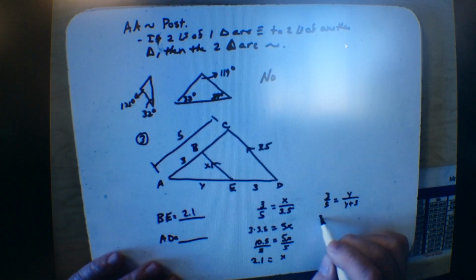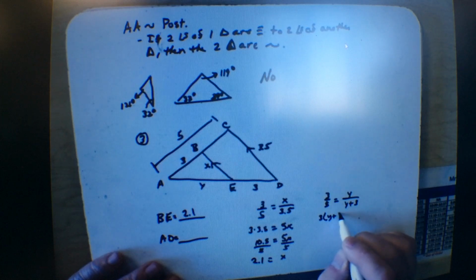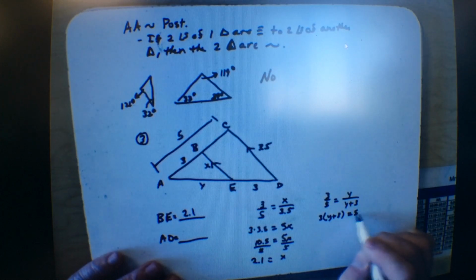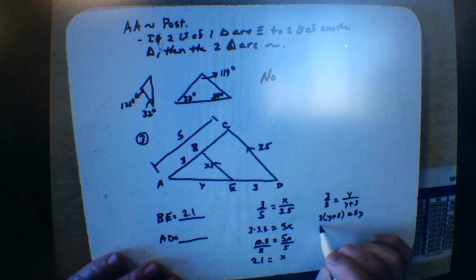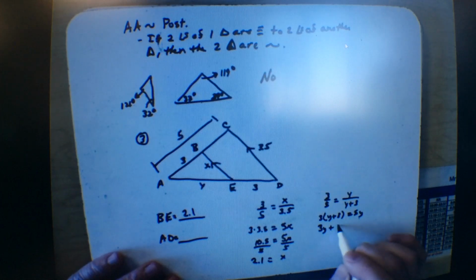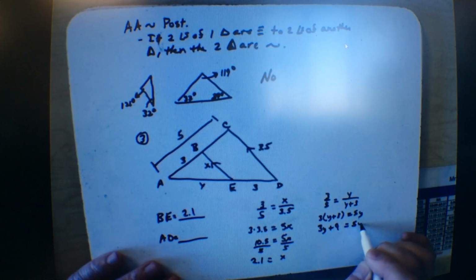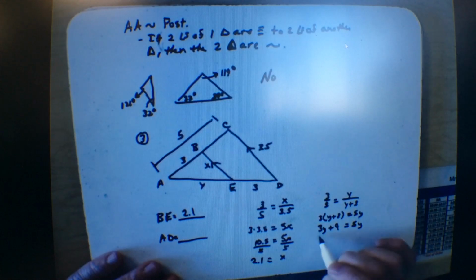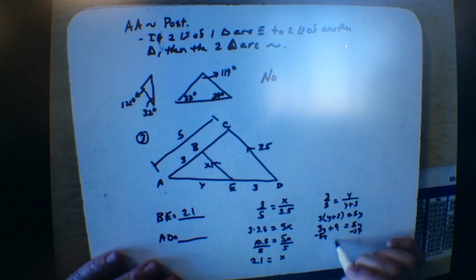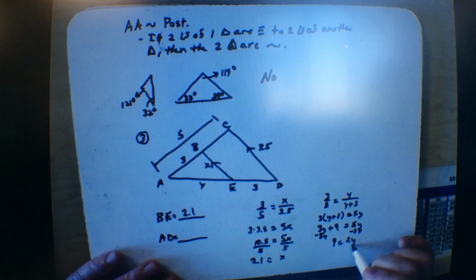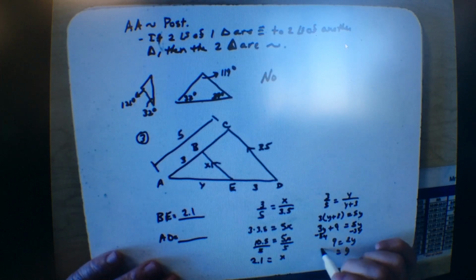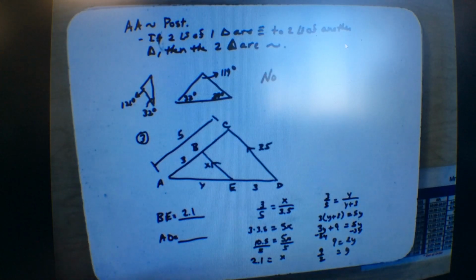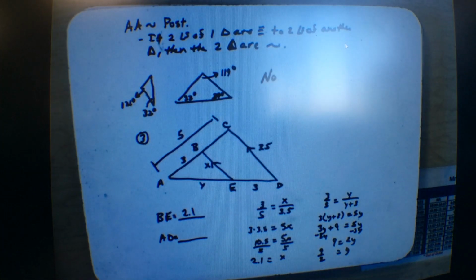So when we multiply, we have 3 times y plus 3 equals 5y. We're going to have y's on both sides. Using the distributive property, we have 3y plus 9 equals 5y. Then I subtract 3y from both sides and get 9 equals 2y. So y equals 9 halves, and that would be 4 1/2. So that would give us that value.